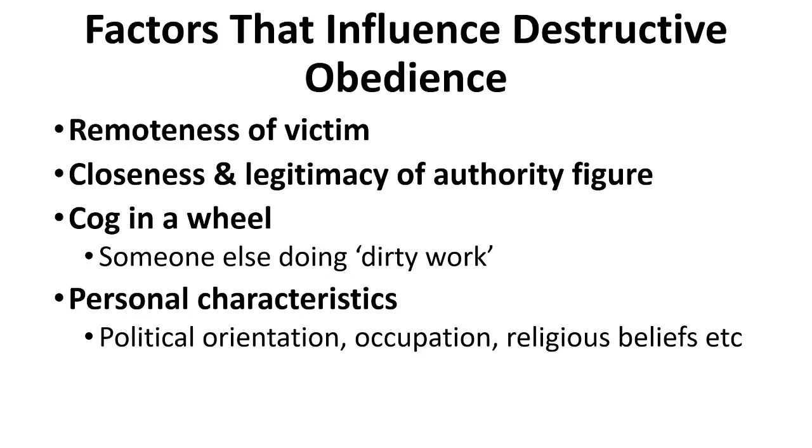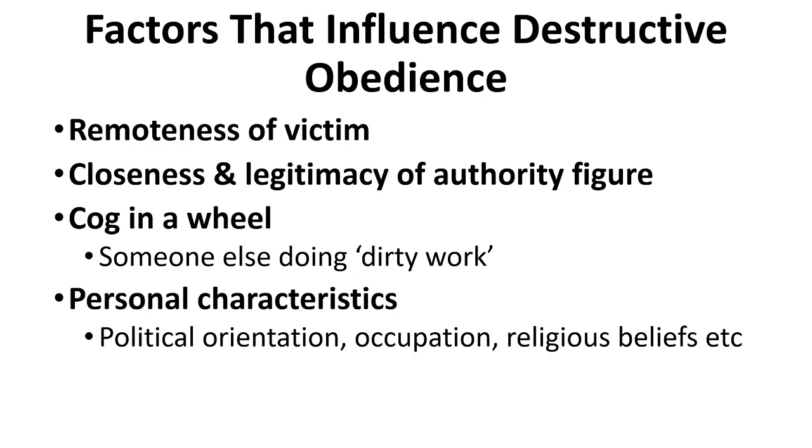If the confederate was in the same room as the person delivering the shocks, as the participant, they were a lot more likely to disobey because the person was right there and they could see the effect of their action. So the more remote the victim, the easier it is to obey an authority figure.